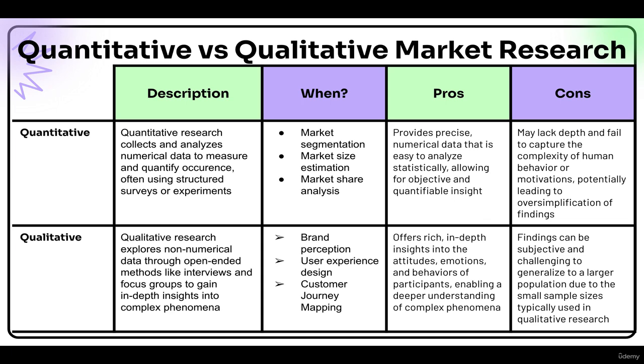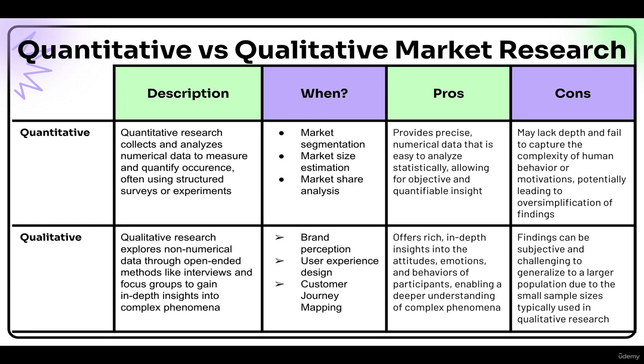Okay, so now let's talk about the pros and cons of each market research methodology. So let's begin with the quantitative method. If we're talking about the pros, the quantitative method provides precise numerical data that is easy to analyze statistically, allowing for objective and quantifiable insights. So if we're talking about mathematics, 1 plus 1 equals 2, right? And there is only one answer to that question, 2, right? So the answer is precise.